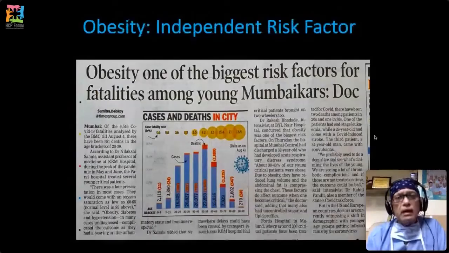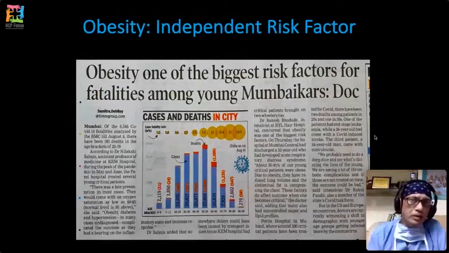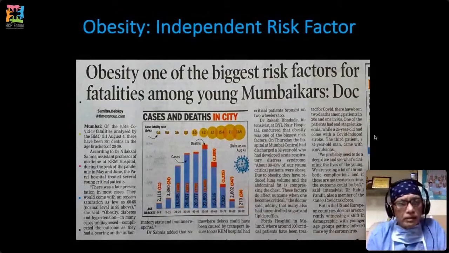Despite all the hundreds of other webinars going on, this will be a very important and very interesting session, I hope. Let's see what I want to do today. Obesity again and again is coming into the news. My dermatologist friend Rajesh sent me this from Mumbai.